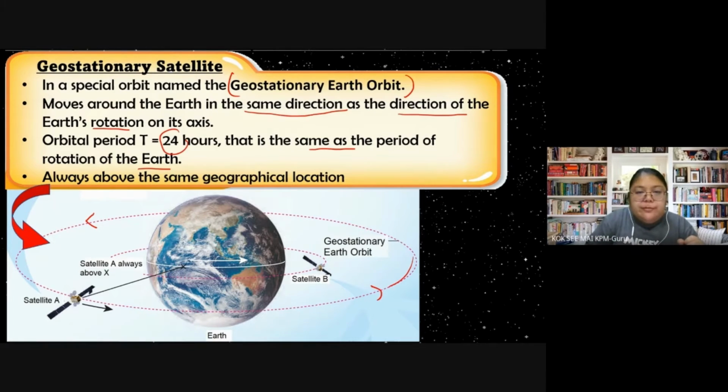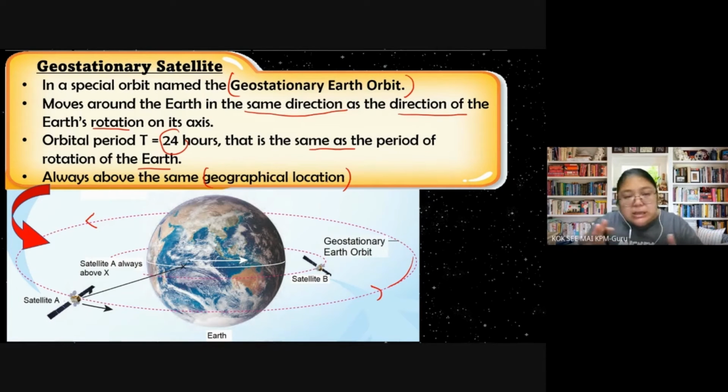Always above the same geographical location. If you look at the map, the Earth's map is exactly the same, wherever it goes, the satellite goes. So when this part rotates, the satellite does not move to another side, it is exactly at the same location.